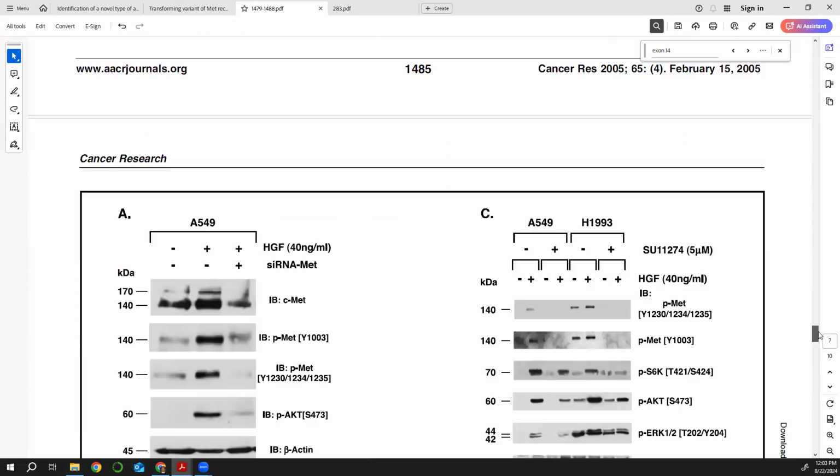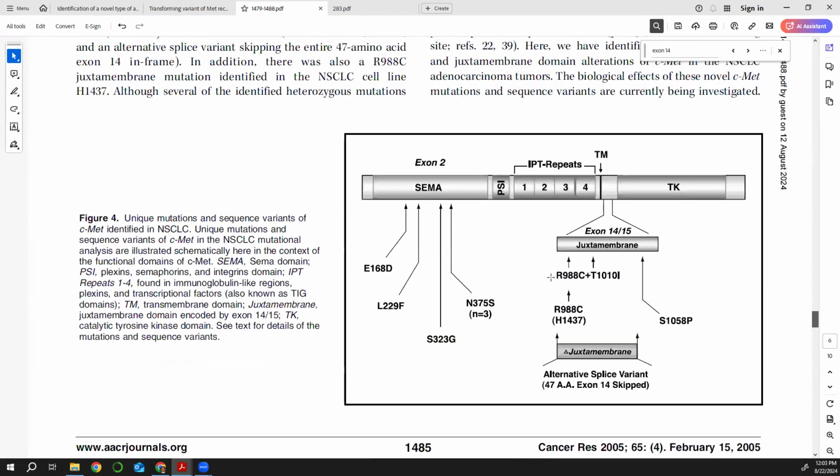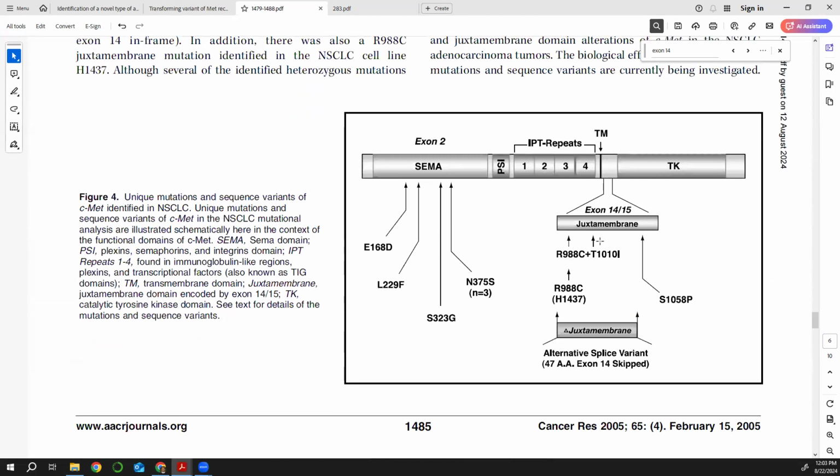I will point out one more thing, that this juxtamembrane domain has some homology to the EGFR juxtamembrane domain, and that juxtamembrane domain in EGFR is known also to have a C-Cbl binding site and is regulated by C-Cbl through downregulation by ubiquitination. Okay?